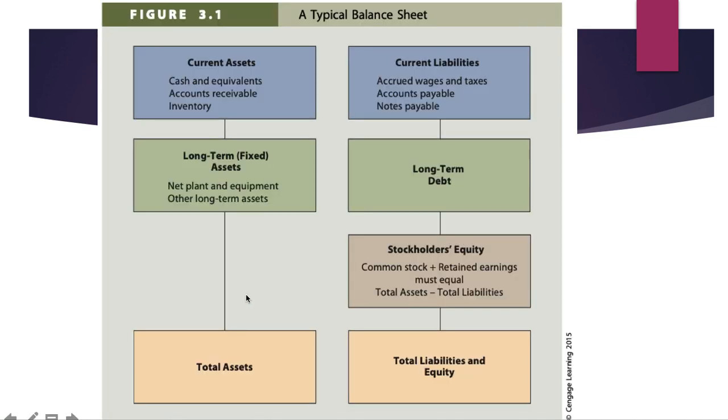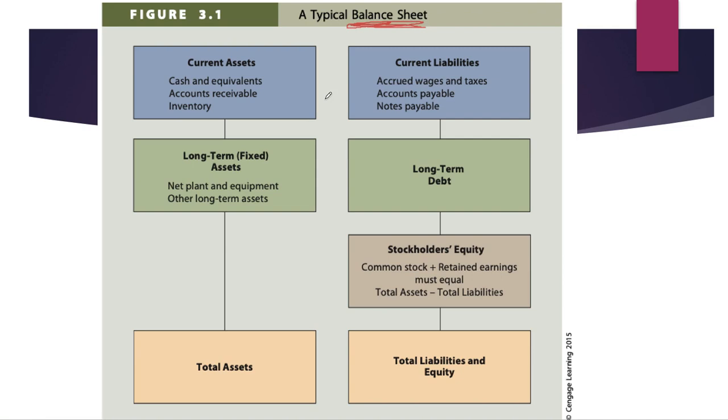So this figure is very explanatory to see the bigger picture of what we are talking about in a balance sheet. So this is for the balance sheet. That's the first financial statement we are looking at.